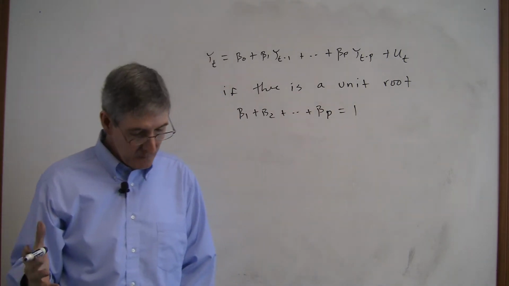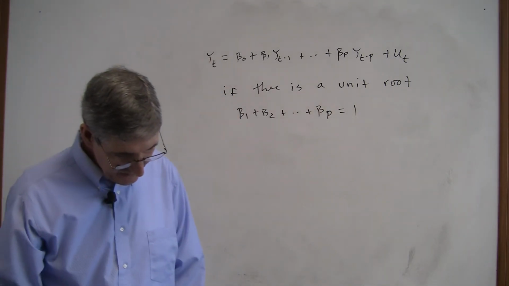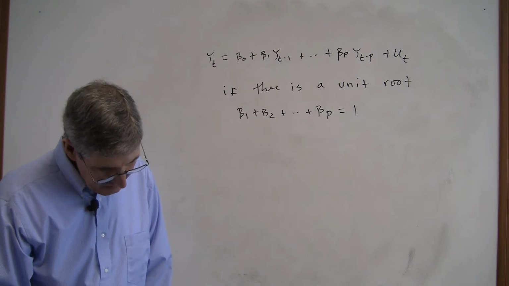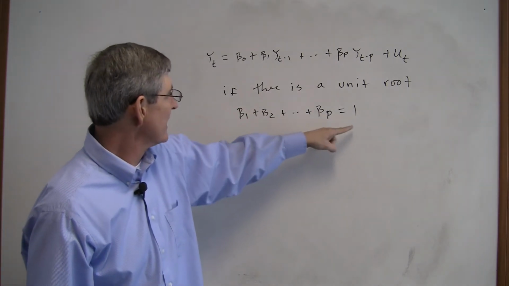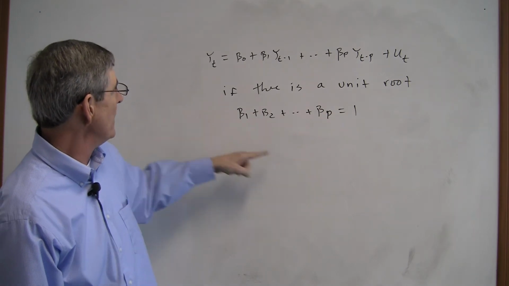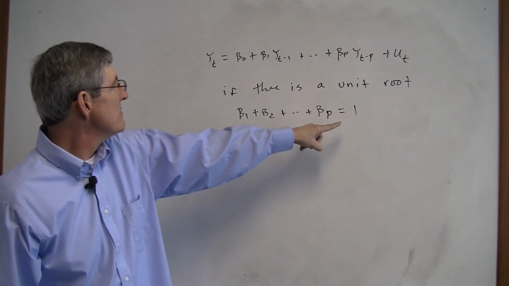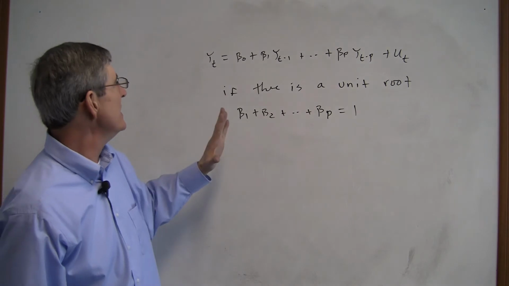That's not a hard thing to prove. I'll actually show you that for AR1 or 2 later. But this is what we're talking about. This is when one of those roots of the characteristic polynomial would be 1. When this happens, the model is non-stationary. So that's what you need to know.